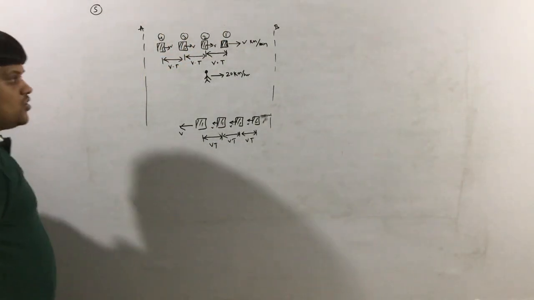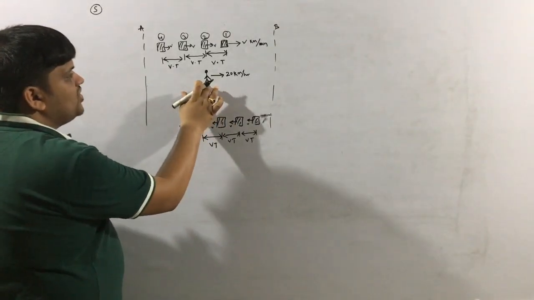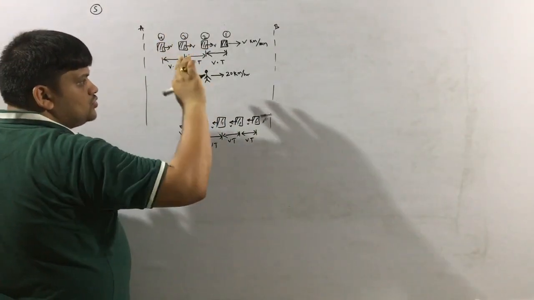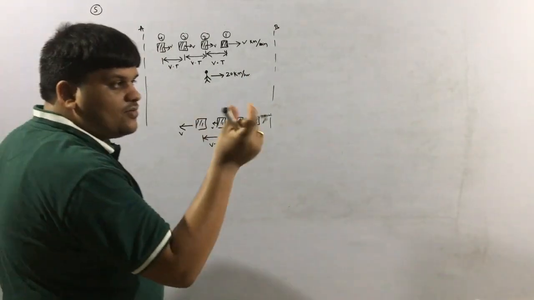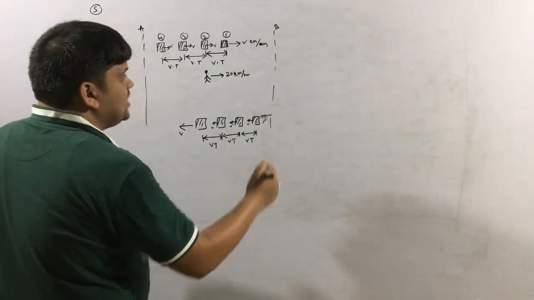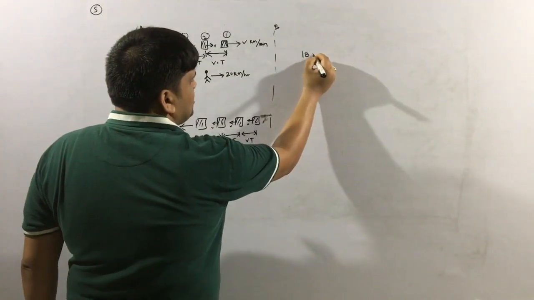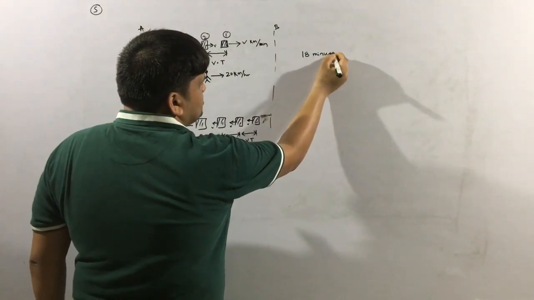It is given in the question that the cyclist meets one bus after the other, and the time interval between the meetings is 18 minutes.